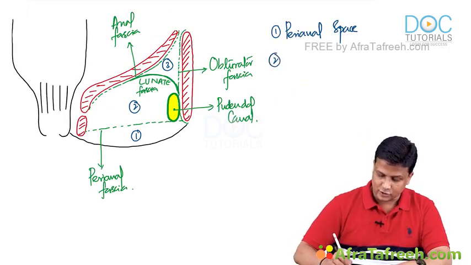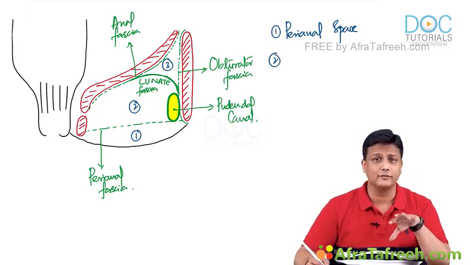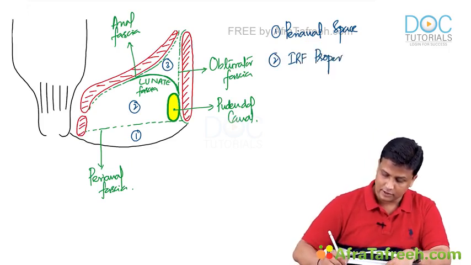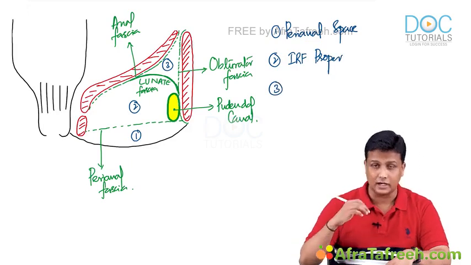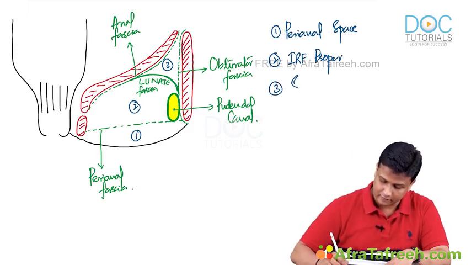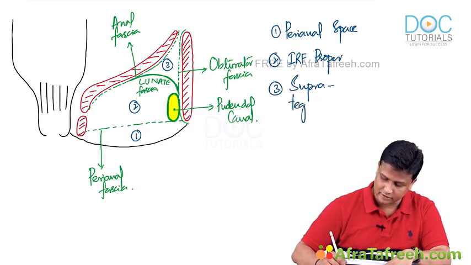Number 2 is the actual ischiorectal fossa, which is why it is known as the ischiorectal fossa proper. And number 3, the part that you are able to see above the lunate fascia, will be the suprategmental space.